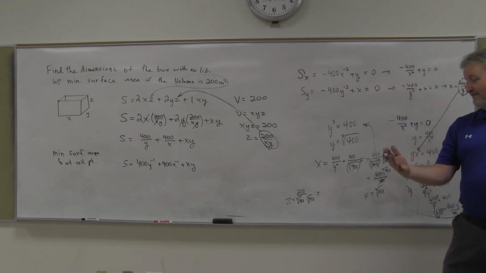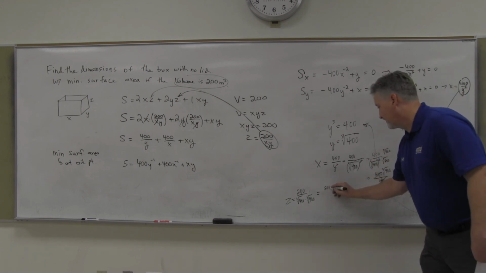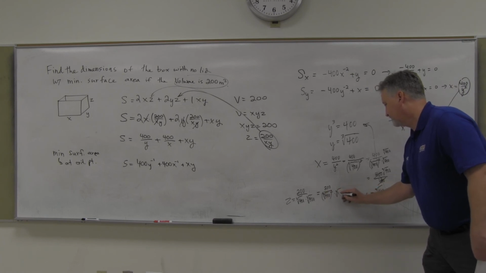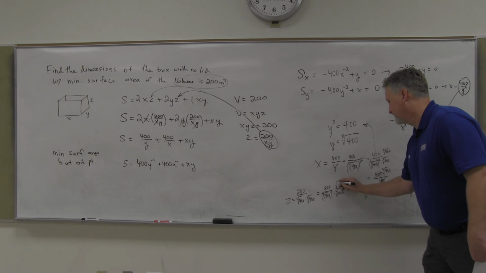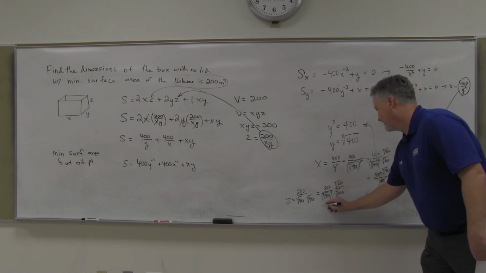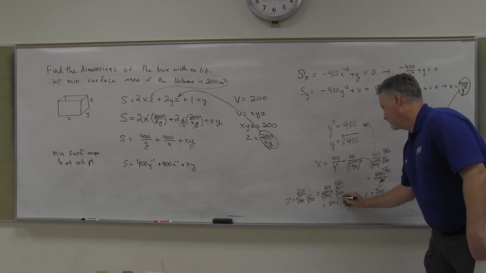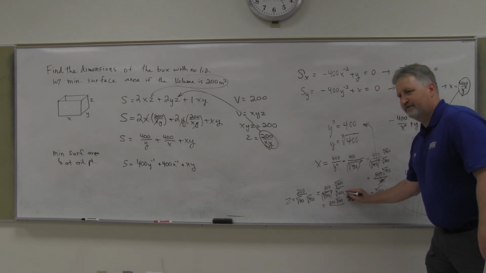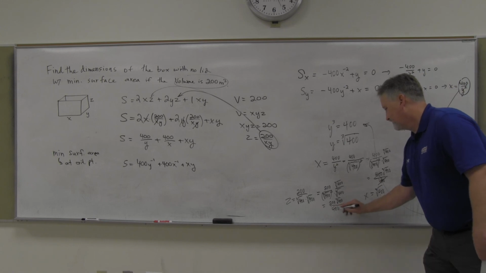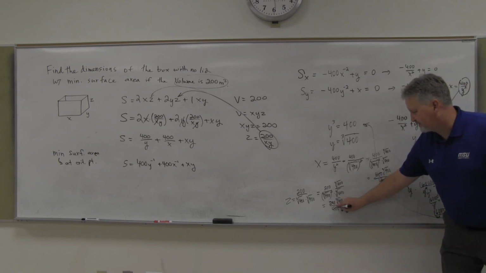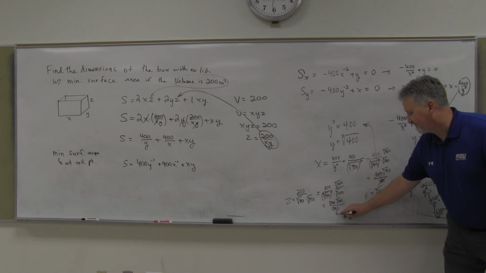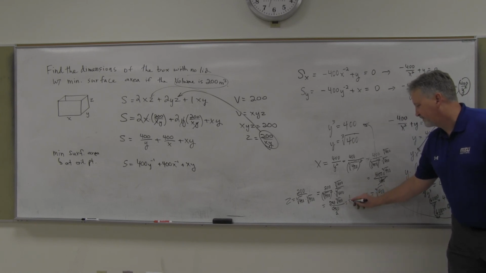Same drill, if I multiply by the cube root of 400 there, top and bottom, complete the cube, what do you get there? We get 200 cube root of 400, and then the cube root of 400 cubed is just 400. So this and this reduce back to 1/2, right? So z is 1/2 the cube root of 400. So it's half the size of x and y.